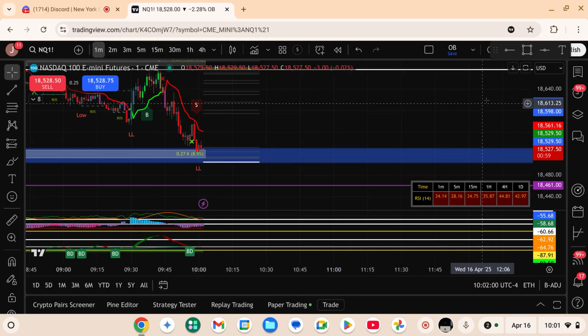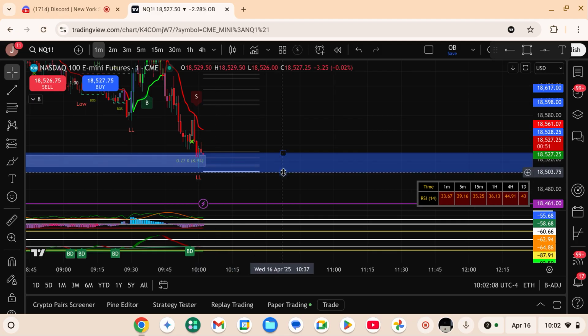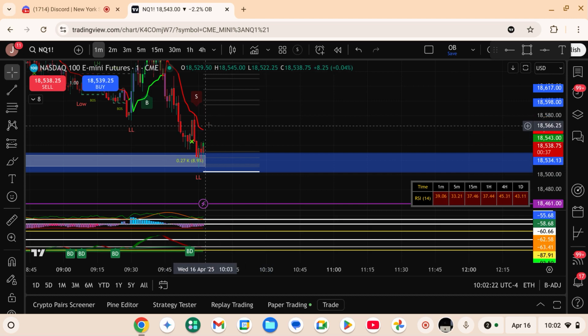So let me see if we can get it better. YM and ES didn't take the low. We'll probably reject here at this VWAP and then come back down to fill this.